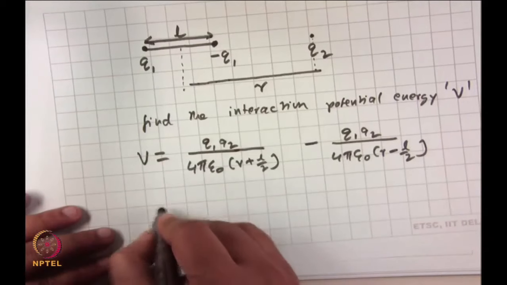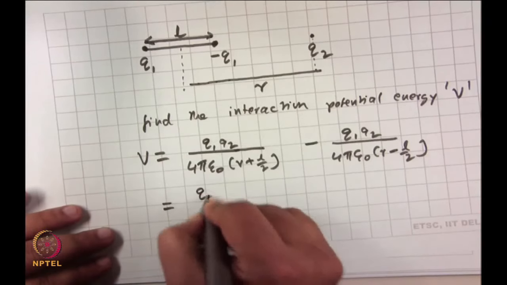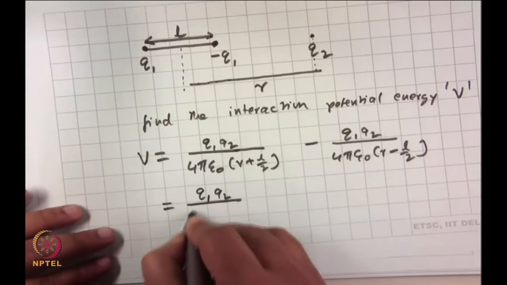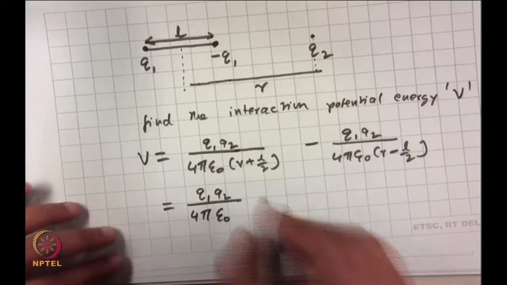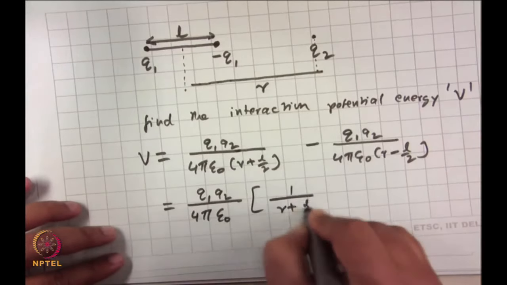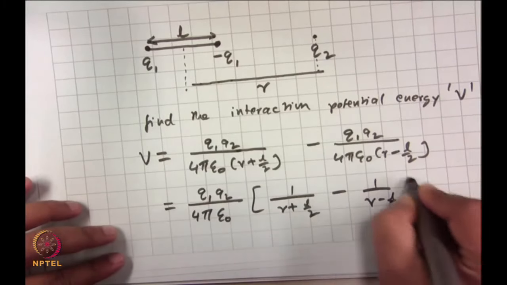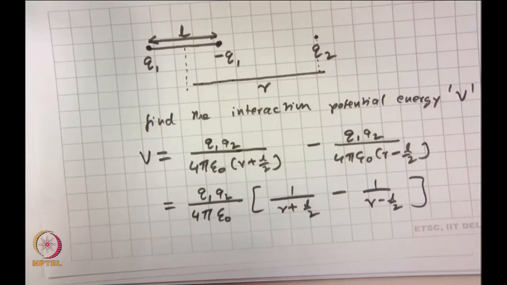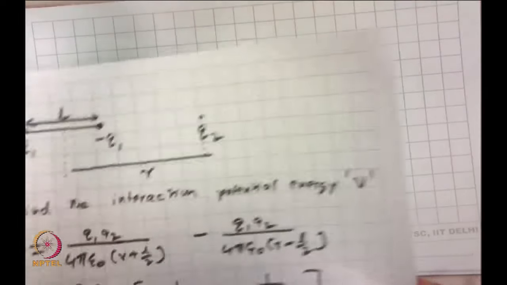So, now I can make it a little more simple. I can write q1 q2 by 4 pi epsilon 0, okay. Then I can write this as 1 by R plus L by 2 minus 1 by R minus L by 2, okay. Now, once I have this, I will make another approximation.